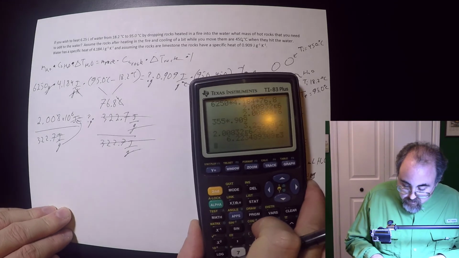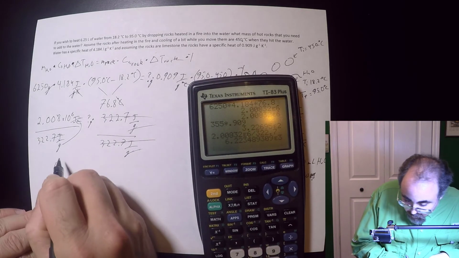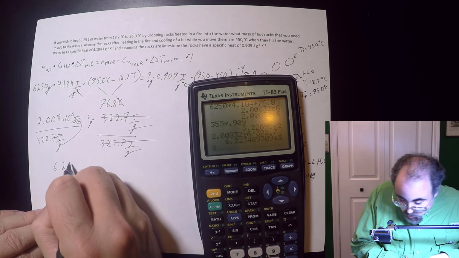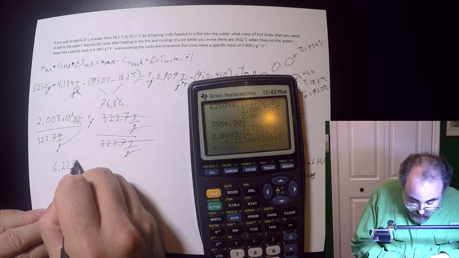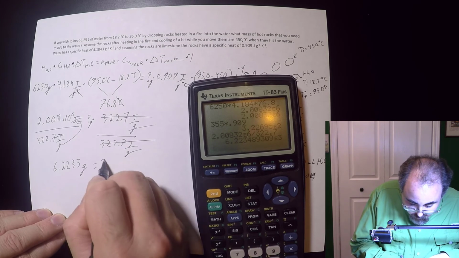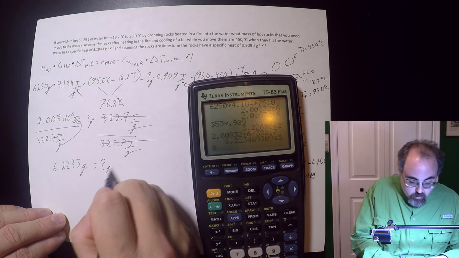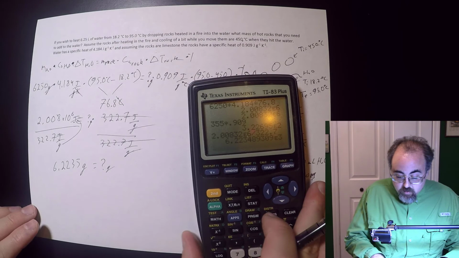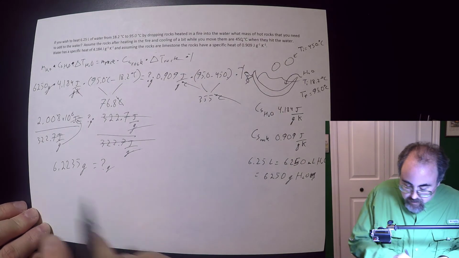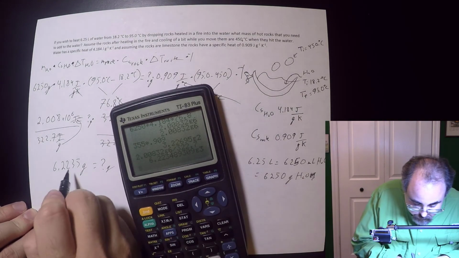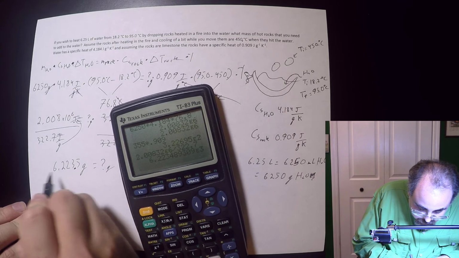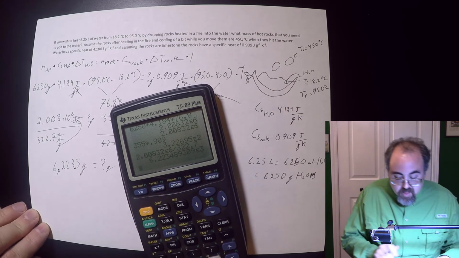Okay, so this gives me 6.2235 grams equals question mark, which I know is in grams too, which is good. Let's do some sig figs. Decimal point goes there, not there. That's a comma.